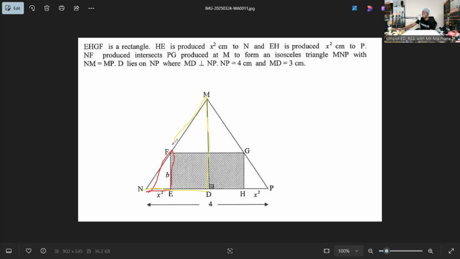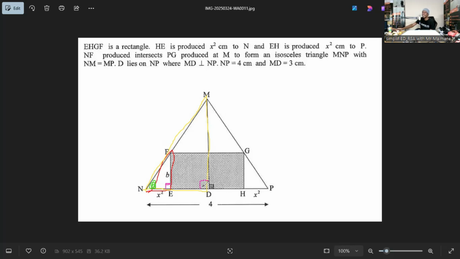What makes the two triangles similar is that angle N is common between them. Angle MDN is 90 degrees because MD is perpendicular to NP, and angle FEN is also 90 degrees there.